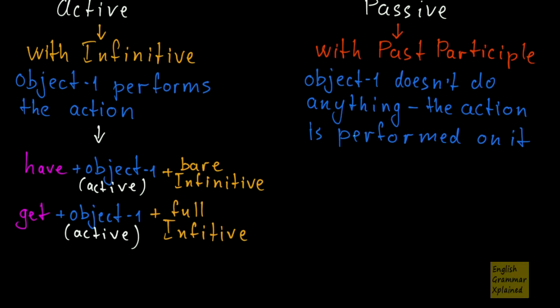If we have a past participle, there's no difference what we use, have or get, no matter. Then we have object number one, and it is passive, that's very important. Then we have a past participle.